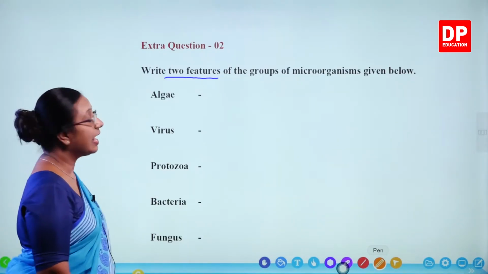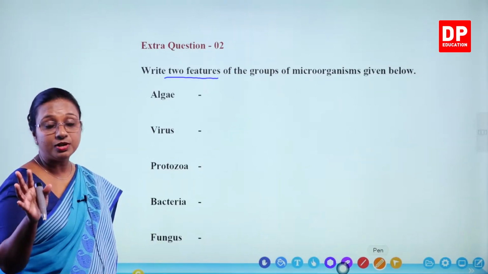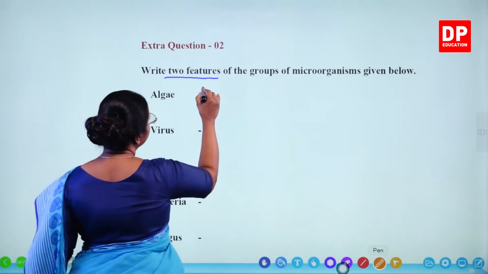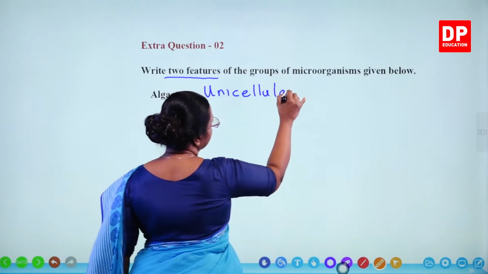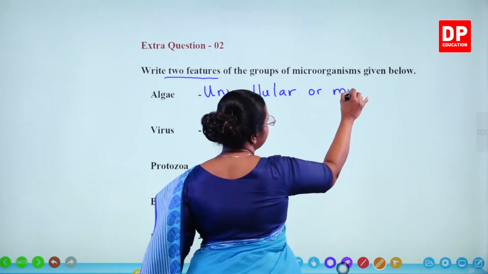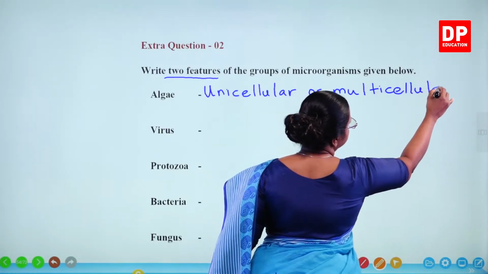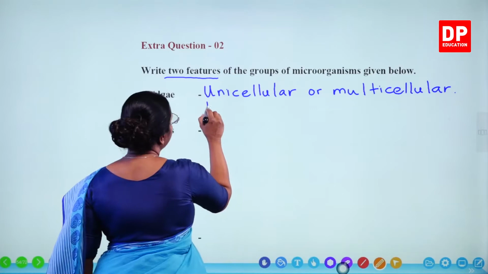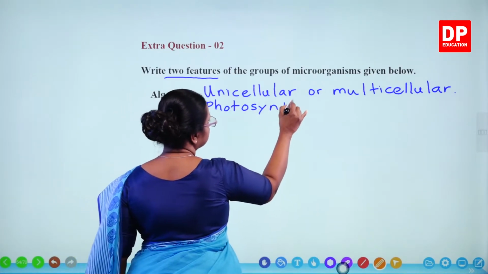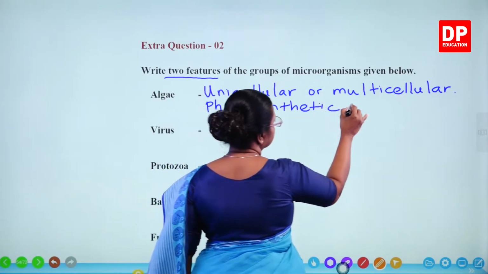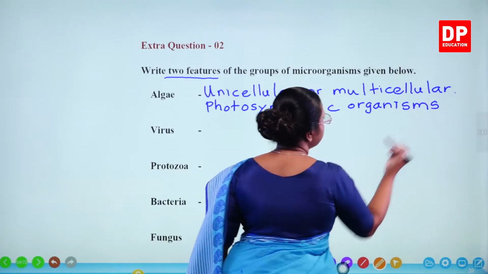I will start with algae. What are algae? They can be either unicellular or multicellular, and they can do photosynthesis, so they are photosynthetic organisms.